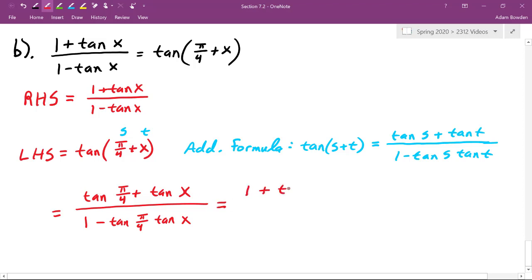So that makes it 1 plus tangent x divided by 1 minus 1 times tangent x. I just put the 1 times here so that you can see what happened to the tan pi over 4. It changed into 1. But we really don't even need to write the 1 times there. It's just 1 minus tan x, which is indeed equal to the right-hand side.